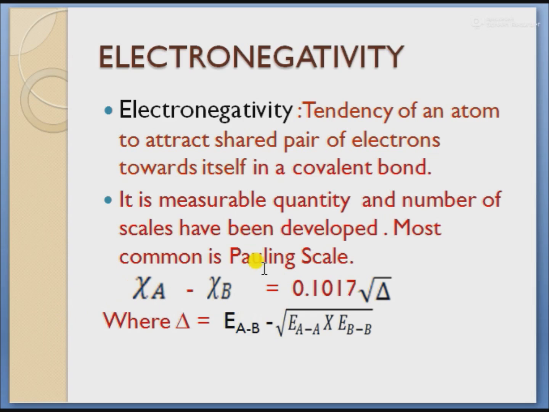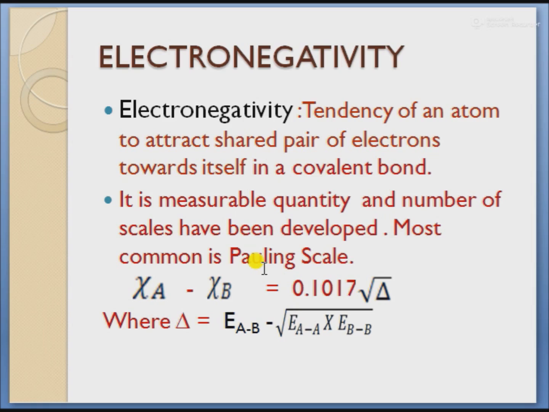Electronegativity is the tendency, when two atoms are bonded with a shared pair of electrons, of one atom to attract those electrons towards itself, like in a tug of war, where whoever is more powerful pulls the rope towards itself.